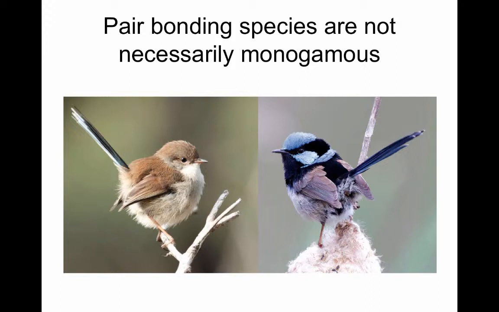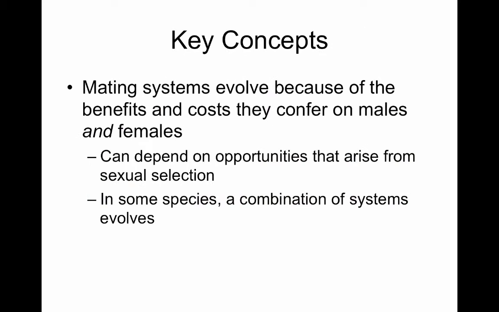So in many birds where they have to go out and find food for the chick after the egg hatches while one parent watches the egg, it really takes two parents. One parent may not be able to sit on the nest through the entire gestation period of the egg without starving. And in those cases, it really takes two parents for the bird to make it. But there may still be better males or better females on the market, and there's a lot of cheating that goes on in these birds.